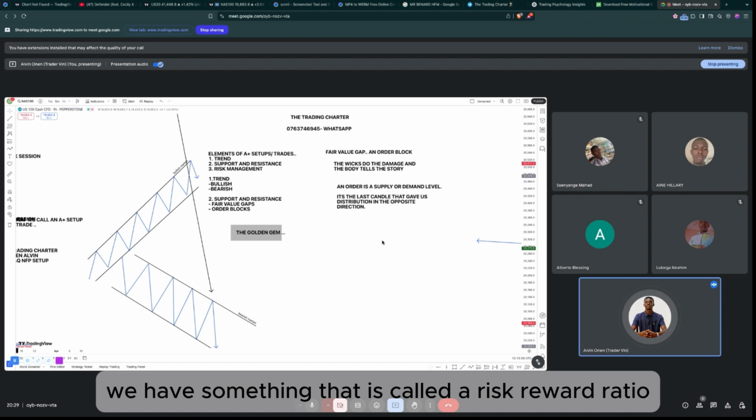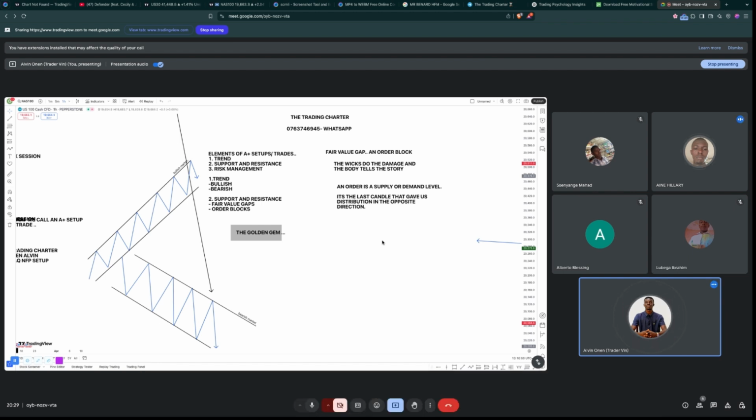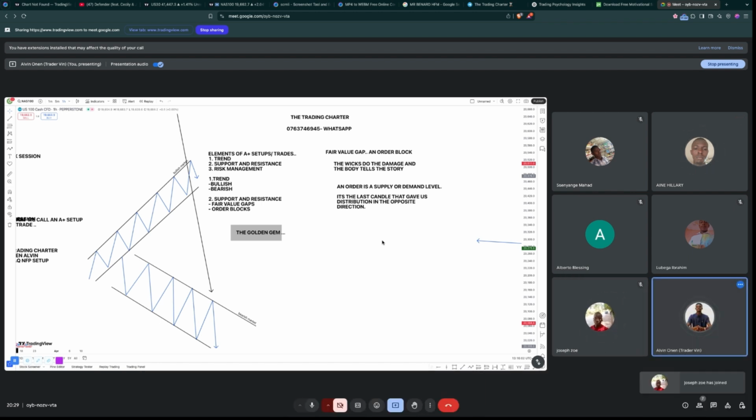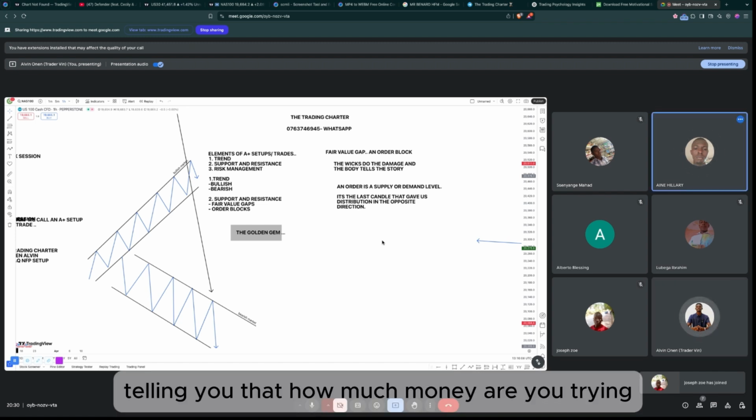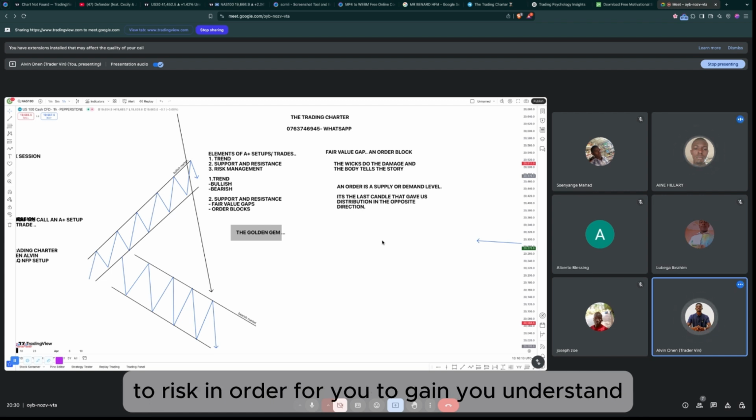We have something that is called a risk to reward ratio, and that is literally telling you how much money you are trying to risk in order for you to gain.